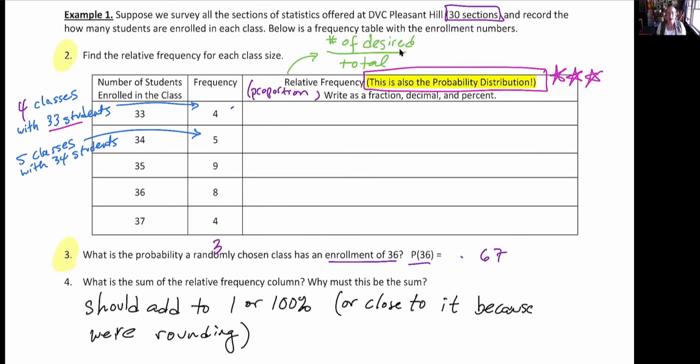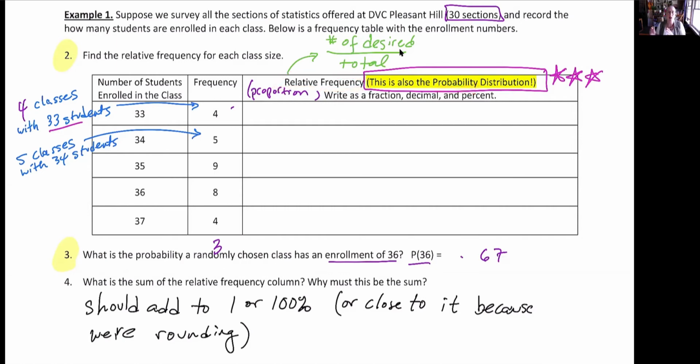And the reason why we can say that is because it's discrete. We either have 33 students in the class, or we have 34, or we have 35, or 36, or 37. These are discrete, right? And they're mutually exclusive. And that's what allows the relative frequency to be the probability.